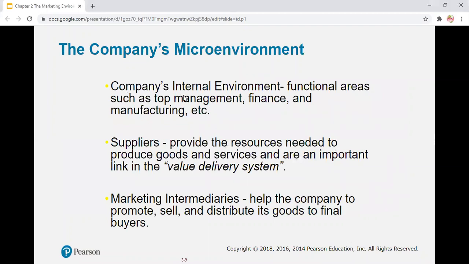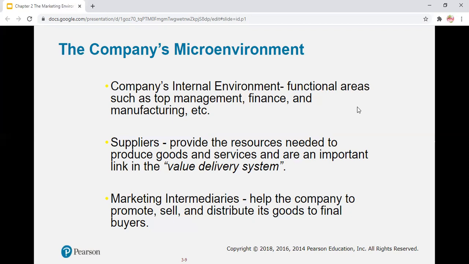The company's internal environment: functional areas such as top management, finance, and manufacturing. So here we have the internal environment inside the company. Here we talk about the functional areas. For example, top management, finance, and manufacturing will interact with marketing to deliver better value to customers.